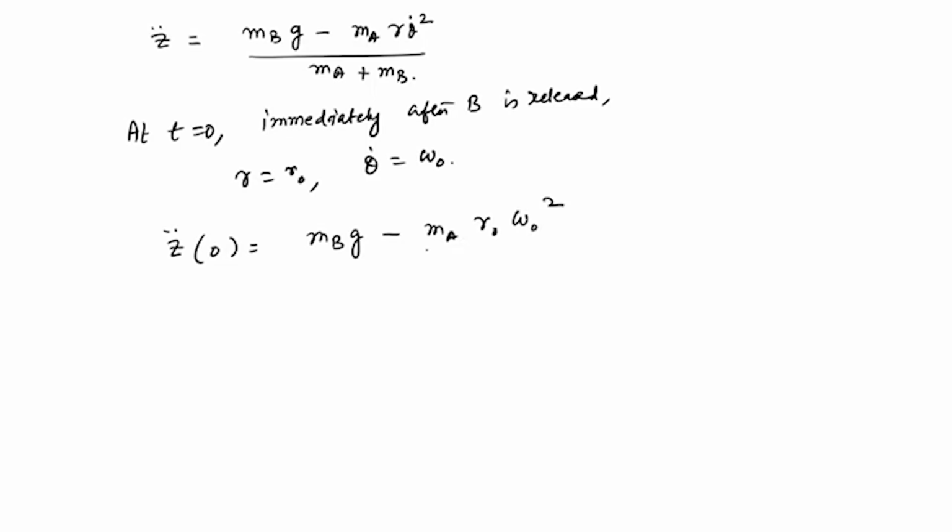So, that is the initial condition. Now, it tells you that z double dot is greater than 0. So, B comes down.